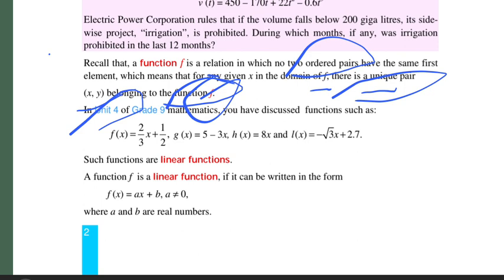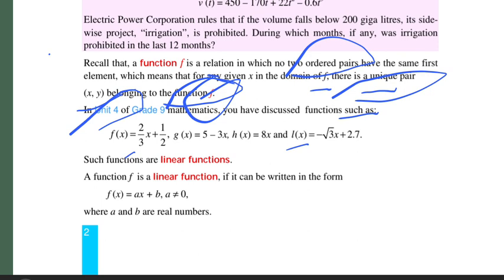You have discussed functions such as f of x equals 2 over 3x plus 1 over 2, and also g of x equals 5 minus 3x, h of x equals 8x, and L of x equals minus the radical of 3x plus 2.7.